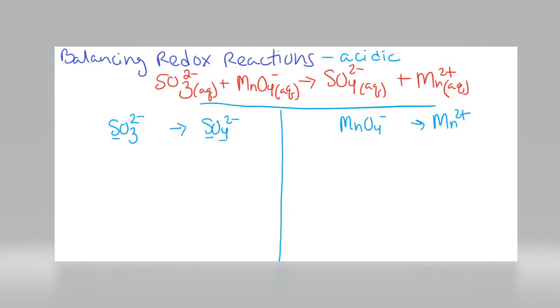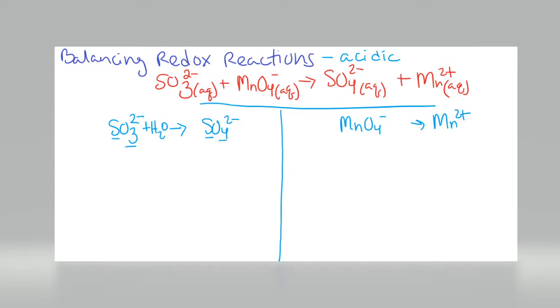So I have 4 on the right, I have 3 on the left, and you need to add oxygen to the system by way of adding water to balance the oxygens only. So I'm noticing there's 3 on the left, so I need to add 1 more water on the left. Okay, because I'm essentially adding an oxygen. So total oxygens on the left are 4, total oxygens on the right are 4.